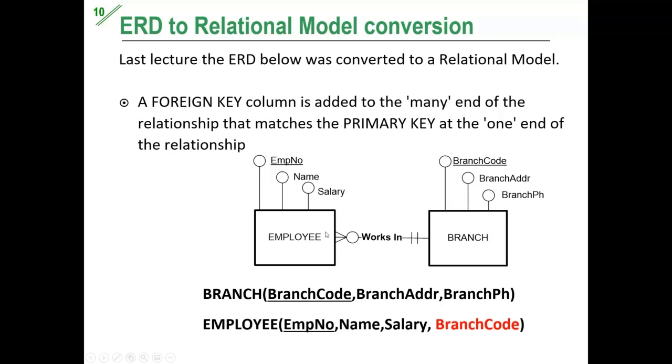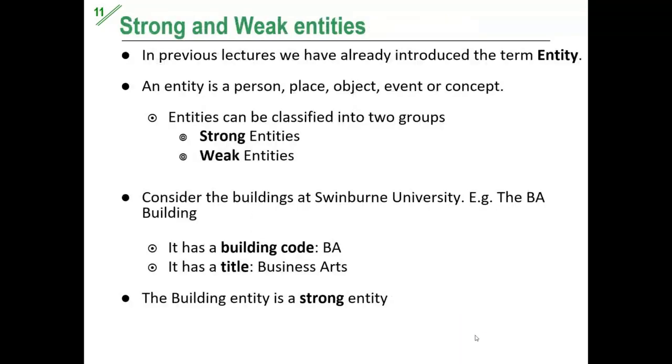So obviously the foreign key goes to the employee table. The branch code goes to the employee table as well. So in the employee table we have 4 columns, and branch code is the foreign key.